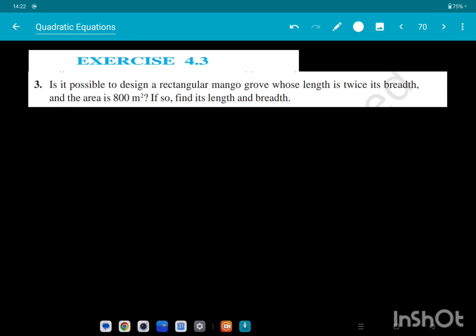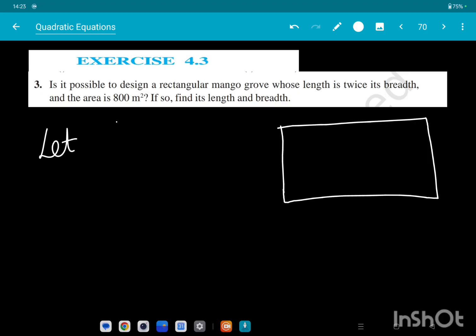Here the next question is: is it possible to design a rectangular mango grove whose length is twice its breadth and the area is 800 meters square? If so, find its length and breadth. So I will explain the question first, then we will see if it is possible or not. So it was given to design a rectangular mango grove, this is the rectangle, whose length is twice its breadth.